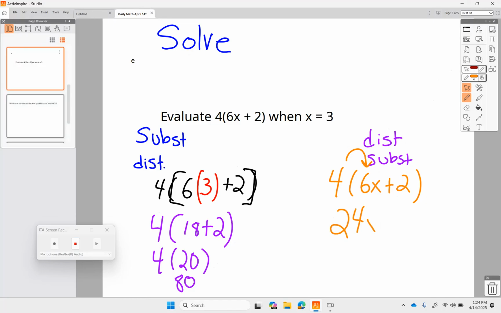Remember, when I'm combining like terms, when I'm adding and subtracting, I need them to be alike, but not for multiplying. And then 4 times 2 is 8. If I was just combining terms, it would be 24x plus 8. But in this case, I know that x is equal to 3.